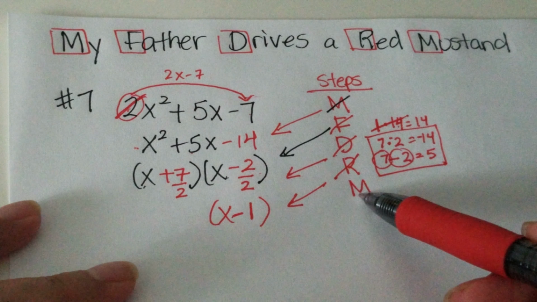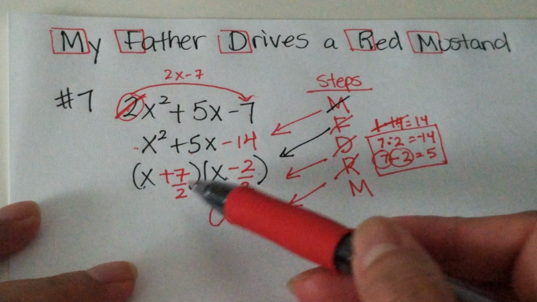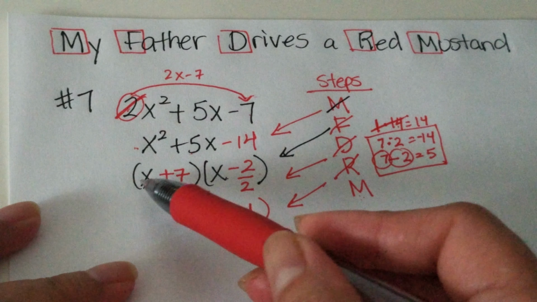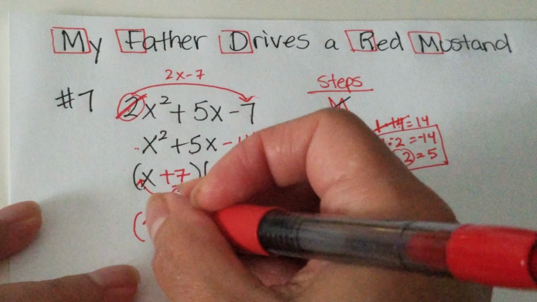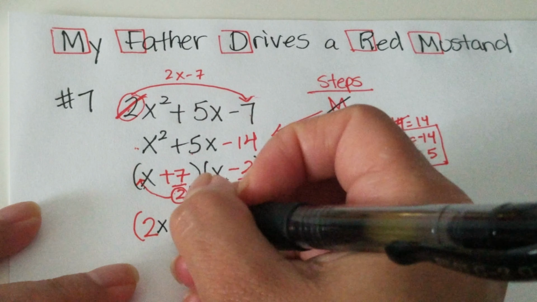So that's the last step. If the fraction cannot be reduced, then we're gonna move the denominator in front of the x. So now it will look like this. 2 will be in front of the x, 2x plus 7.